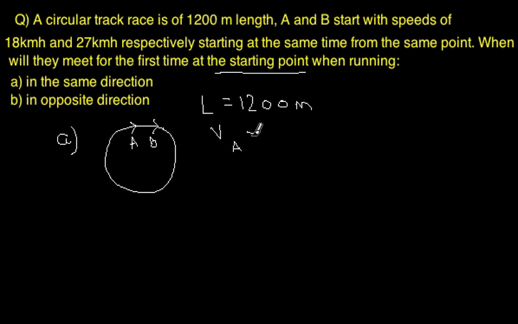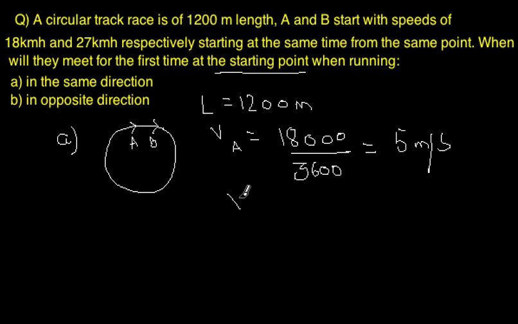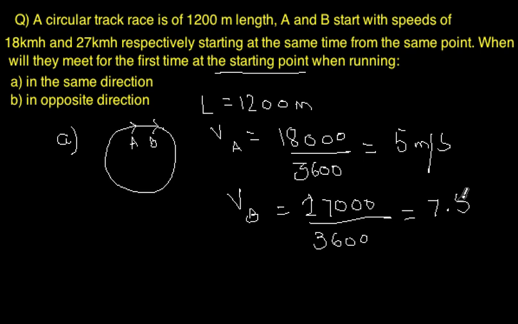The speed of A is 18 kilometers per hour, which is 18,000 meters upon 3600 seconds. That comes out to be 5 meter per second. Similarly, the speed of B is 27 km per hour, which is 27,000 upon 3600 seconds, which is 7.5 meter per second.